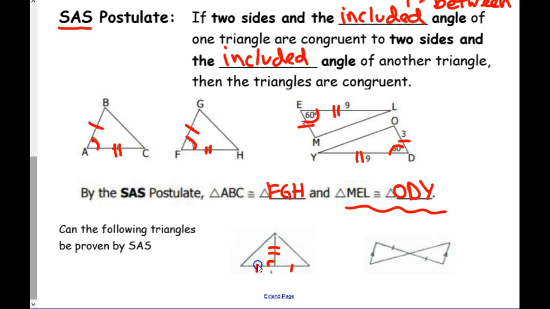Okay, so is the first one SAS? What do you think? The 90's on both sides because it makes a straight line, right? Side, angle, side. Yeah, SAS. Yes.